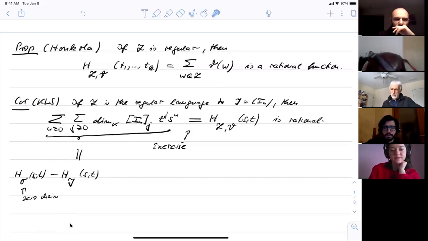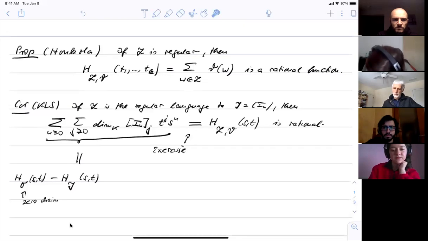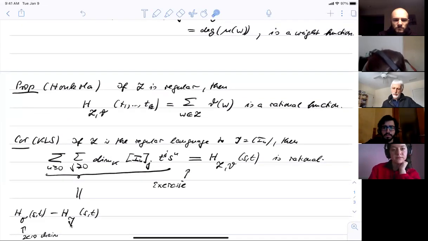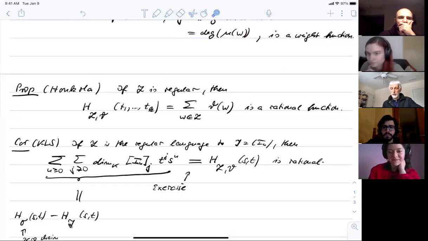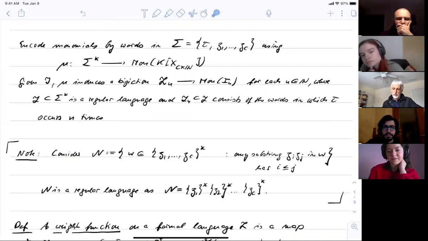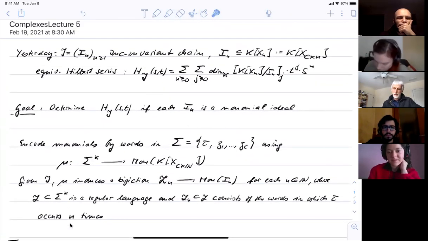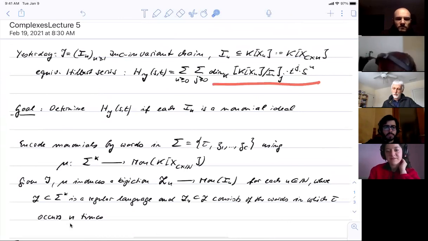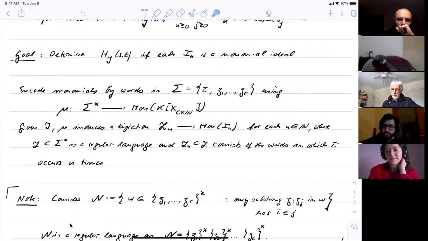okay, so then let's rephrase what do we want to do now? Or what did we do? We started out to compute this formal power series.